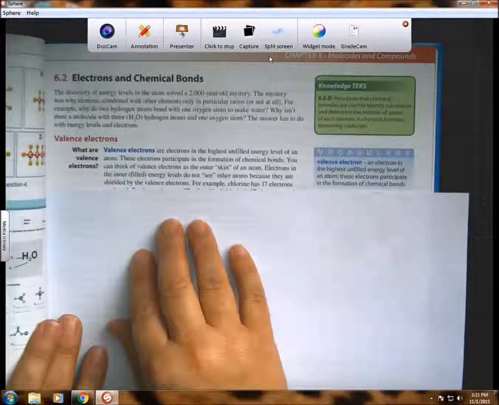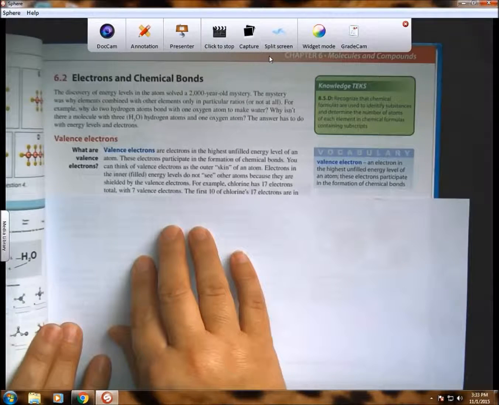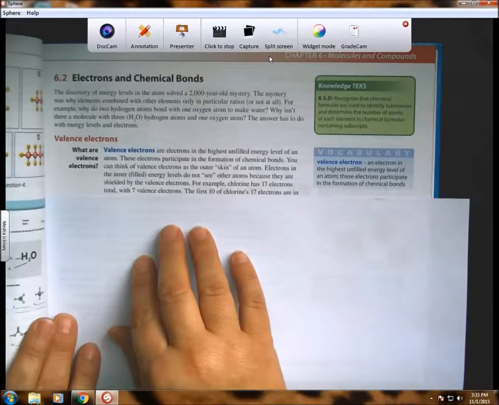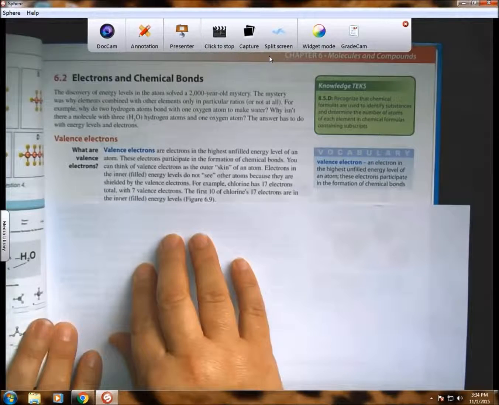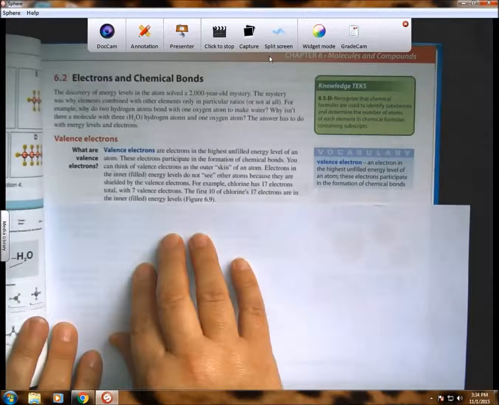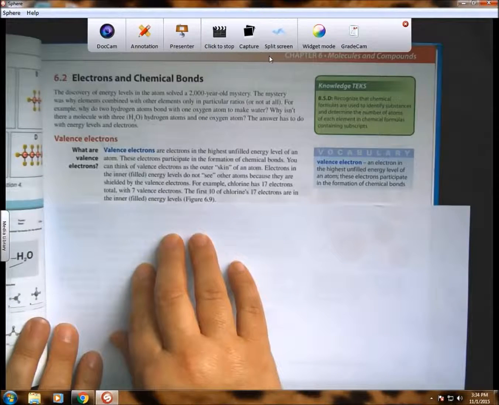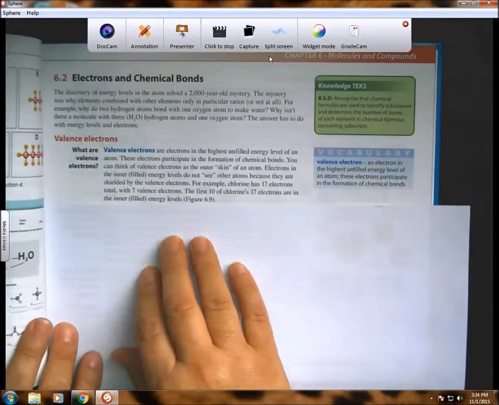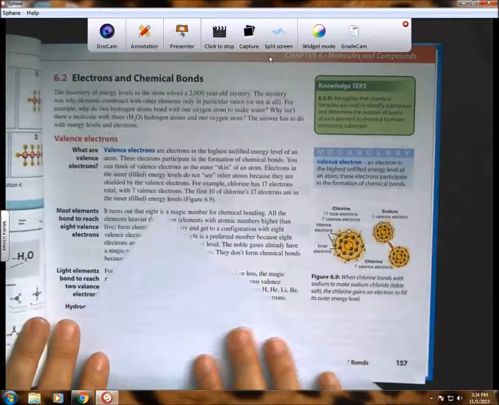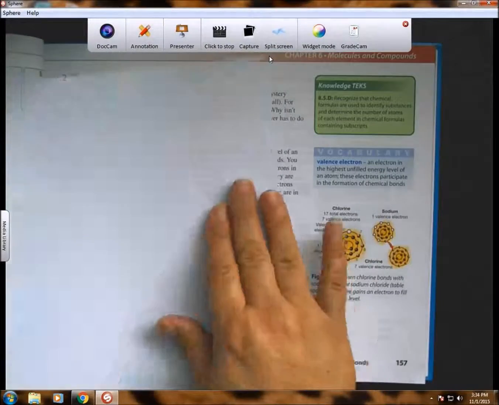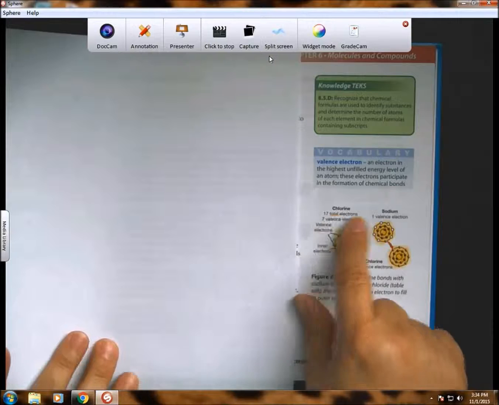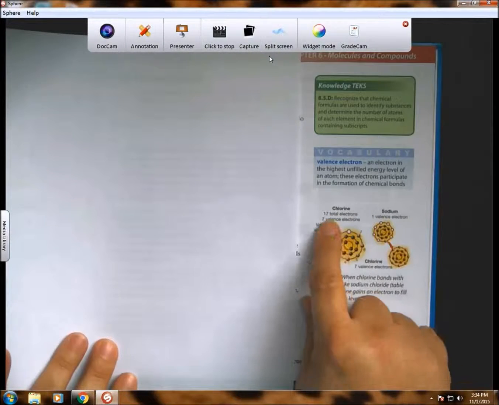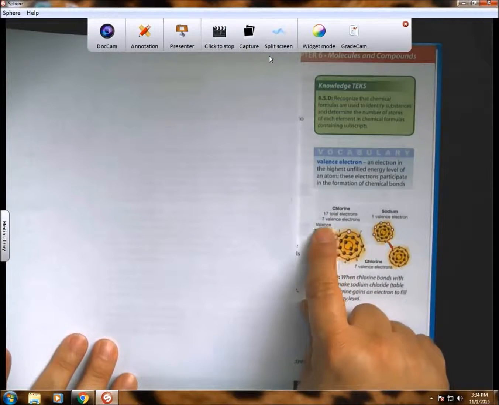For example, chlorine has 17 electrons total, with 7 valence electrons. The first 10 of chlorine's 17 electrons are in the inner energy levels. Figure 6.9. Let's look at figure 6.9, and you can see that it has chlorine and sodium, 17 total electrons, 7 valence electrons.